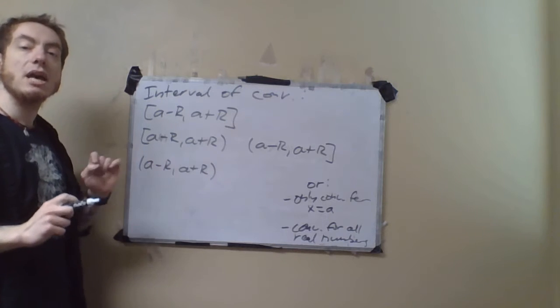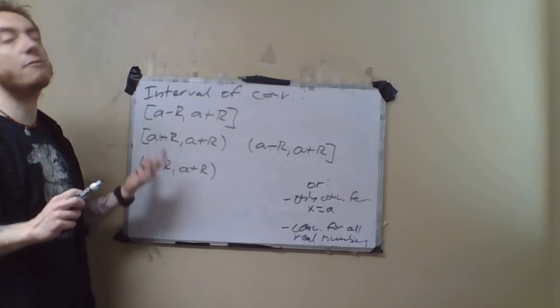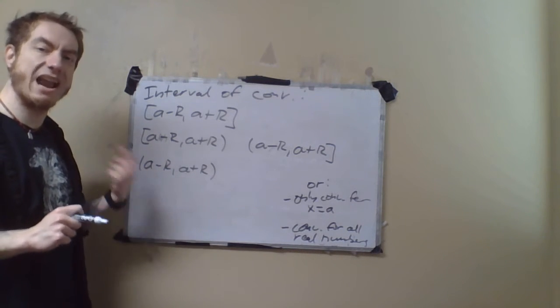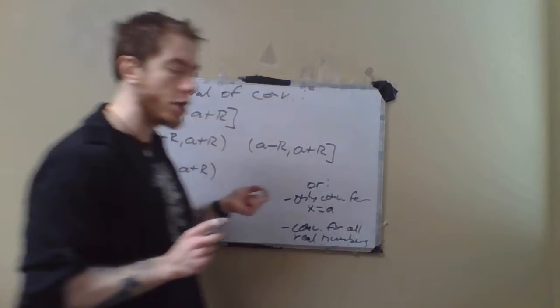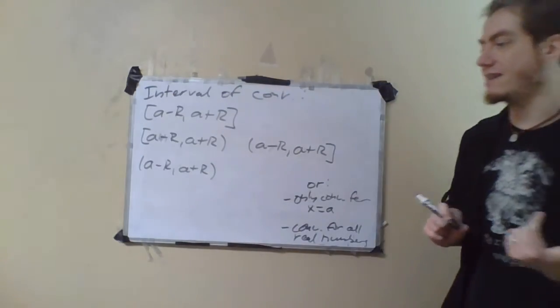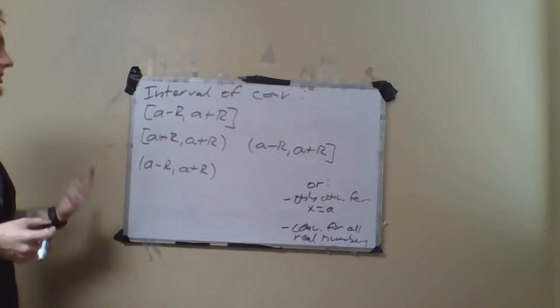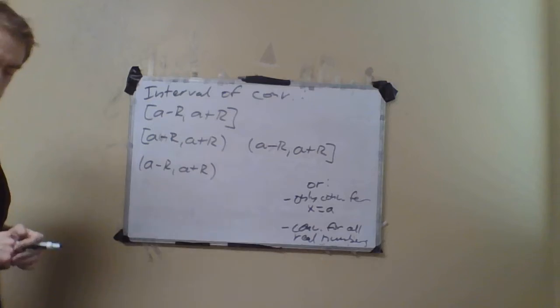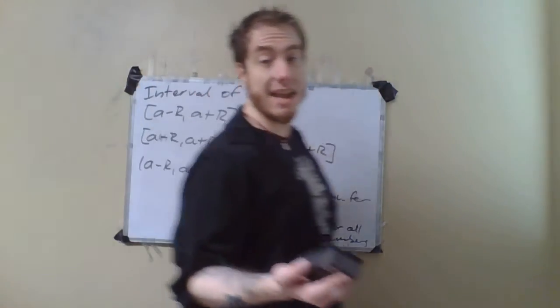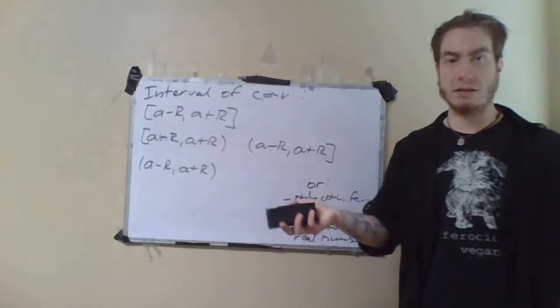Now, the good news is that for a lot of purposes in math, we don't actually really care if it converges at the endpoints too much. We're mostly interested in the radius of convergence. But for some purposes, yes, it's important to know whether it converges at the endpoints. And like I said, you're just going to have to figure out a trick to use.